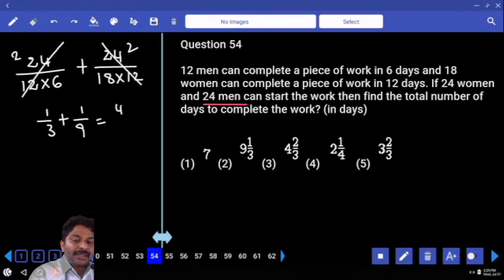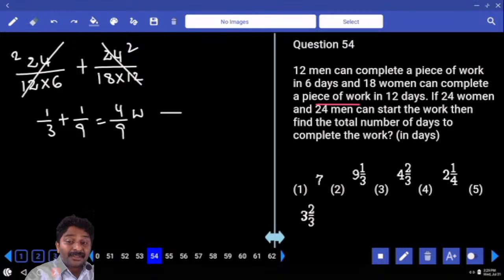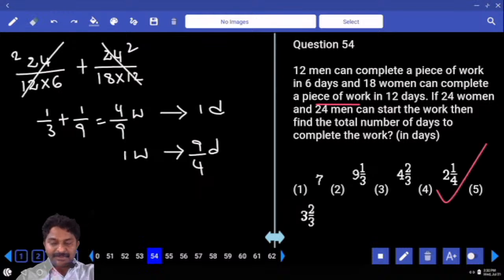So they are doing 4 by 9 work in 1 day. To complete one work, 4 by 9 goes to the other side and becomes 9 by 4 days only. 9 by 4 days means 2 and 1 by 4.